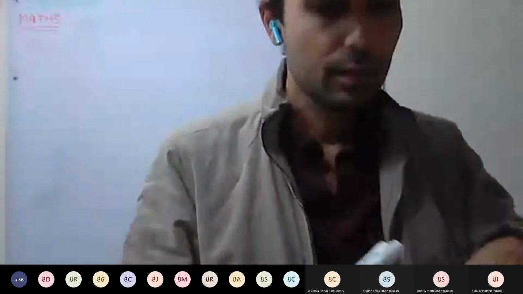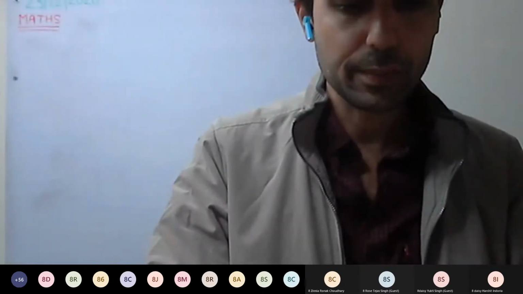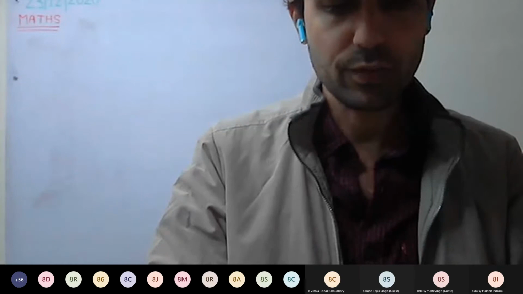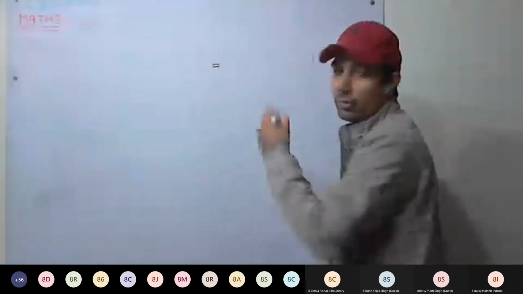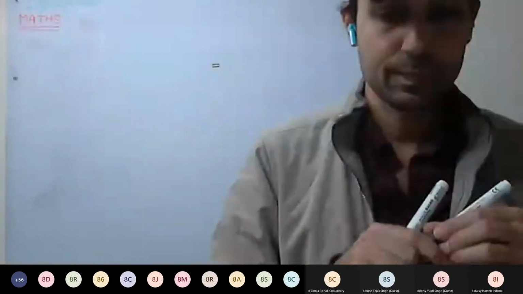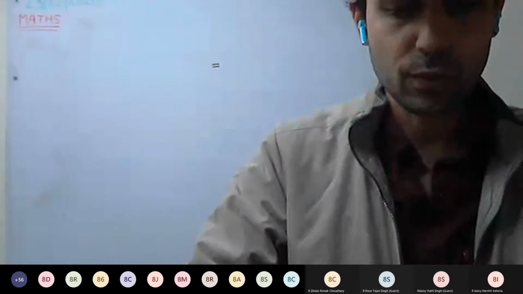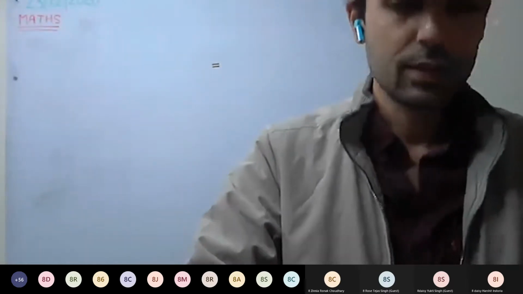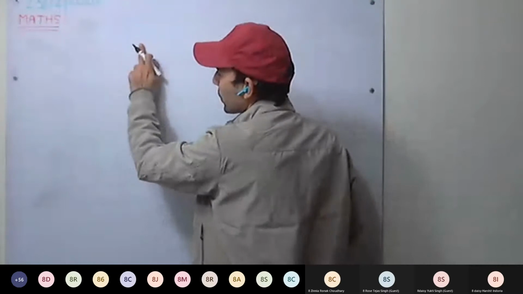Okay, second question. The difference between the squares of two consecutive numbers is 141. That means the right hand side we already have, that is 141. Left hand side we have to figure out: the difference between the squares of two consecutive numbers.